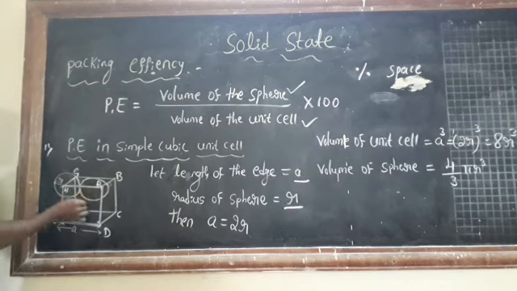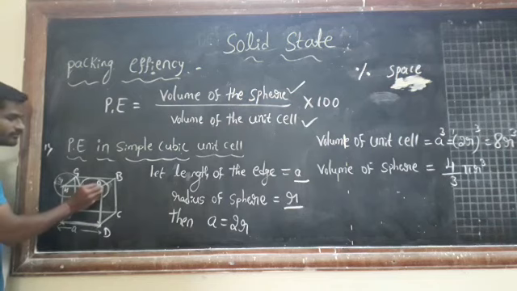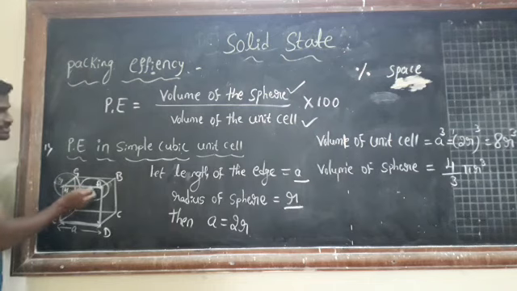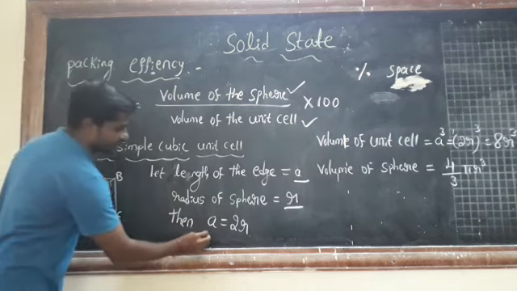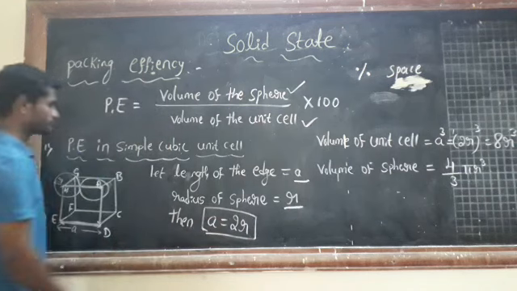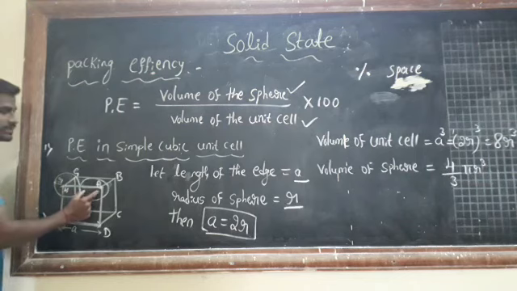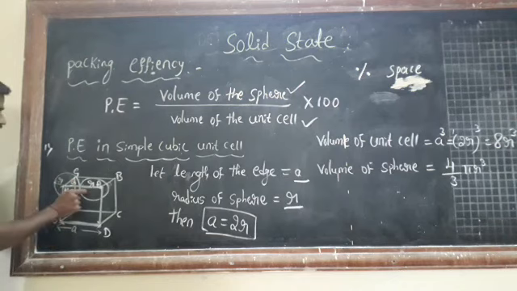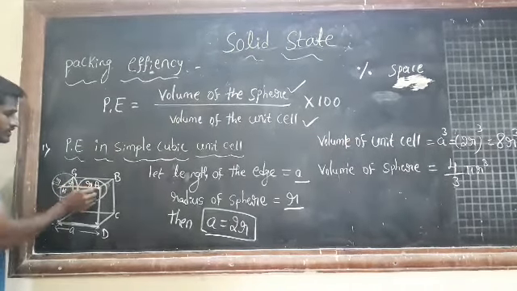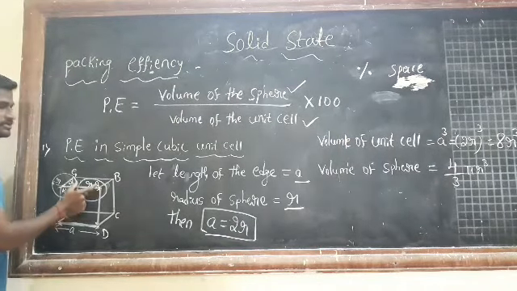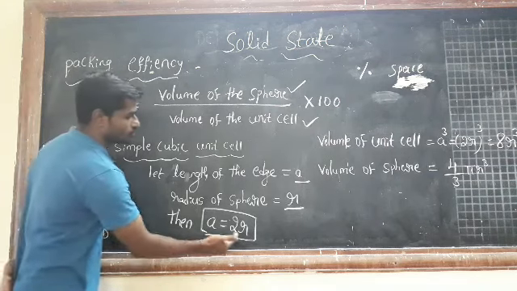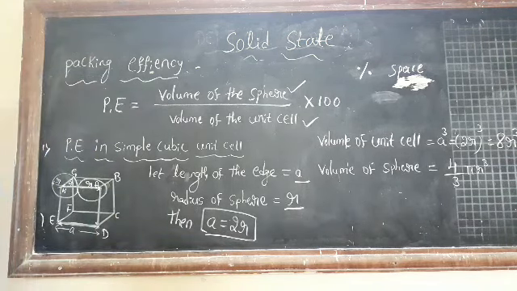There are two particles present along the edge AH, each having radius r. This edge has length a, and since two particles are present along it, a is equal to 2r. Okay, so we know that.